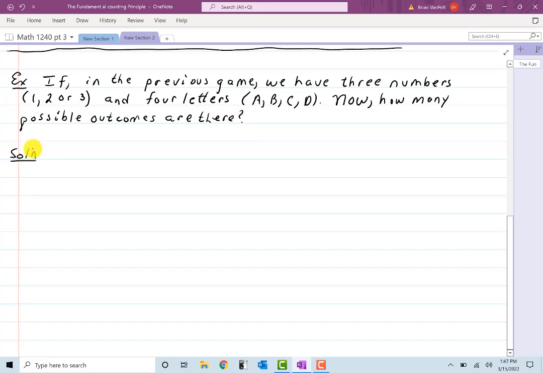And from the previous example, you may have made this kind of a guess. Our first choice is for a number. So for the number, we have 3 possibilities. And then we had a letter, and there were 4 possibilities, for a total of 3 times 4, which equals 12.